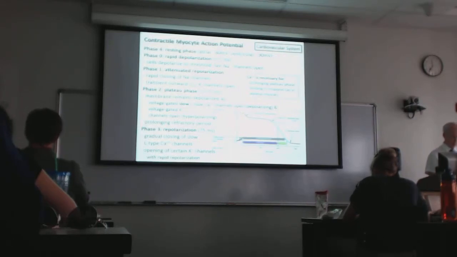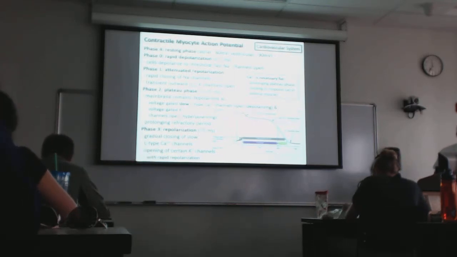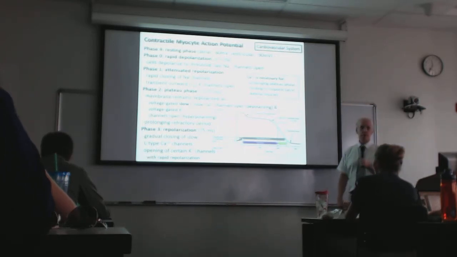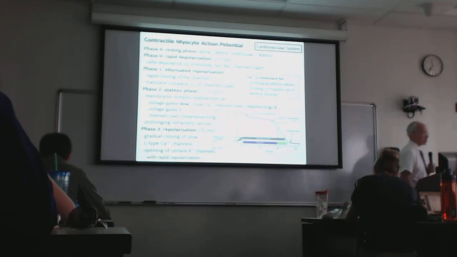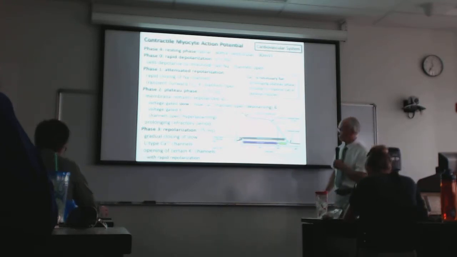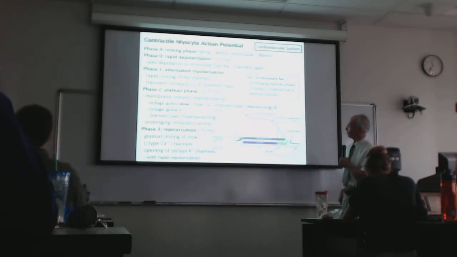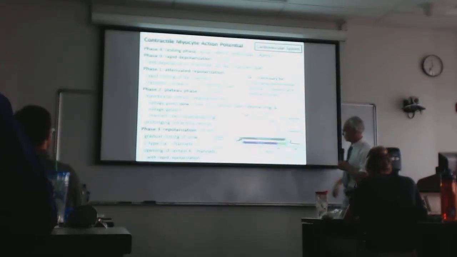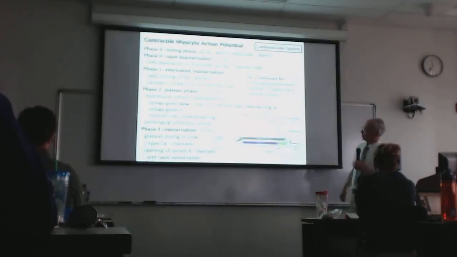Now, if you look at these, they do have a resting membrane potential, and it's about -90, -95, so it's much more negative than about any other type of cell we've talked about. In general, muscle cells, both skeletal muscle and cardiac muscle, have a more negative resting membrane potential than neurons. So here's our resting membrane potential indicated by the black there.